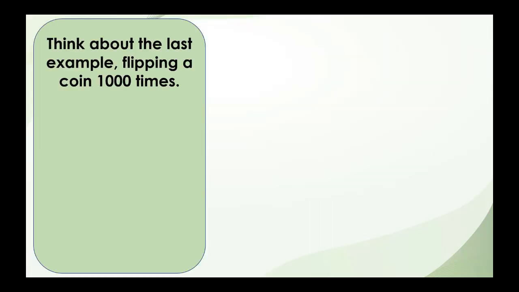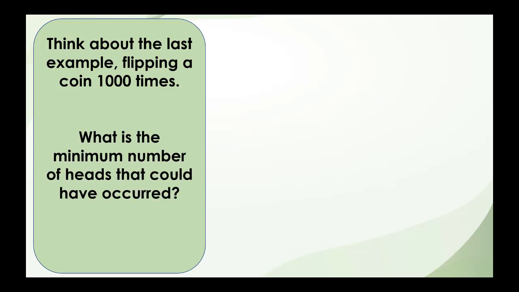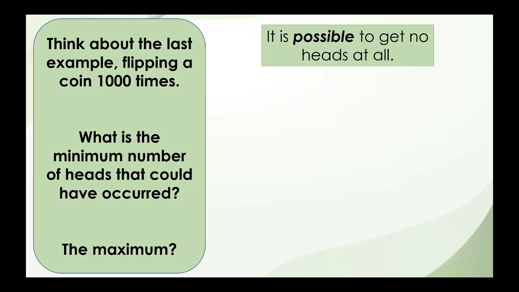So, if we think about that last example, flipping a coin 1,000 times, let's ask ourselves, what is the minimum number of heads that could have occurred? The fewest number of times that we could have seen heads come up on that coin. Or what's the maximum number of heads that could have occurred? Even though it's hard to imagine, it is possible to get no heads at all.